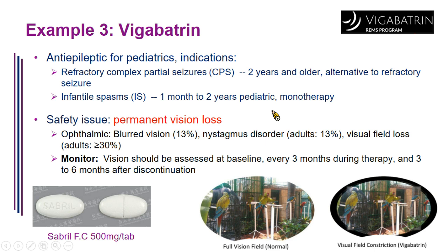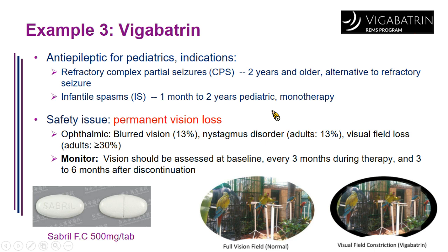All right, our last example here is vigabatrin, which is a medication that I find very special. So what is vigabatrin? I'm not sure if you have heard of this before. It's an anti-epileptic specific to pediatrics, with two main indications. One is for those 2 years and older who have refractory complex partial seizures.